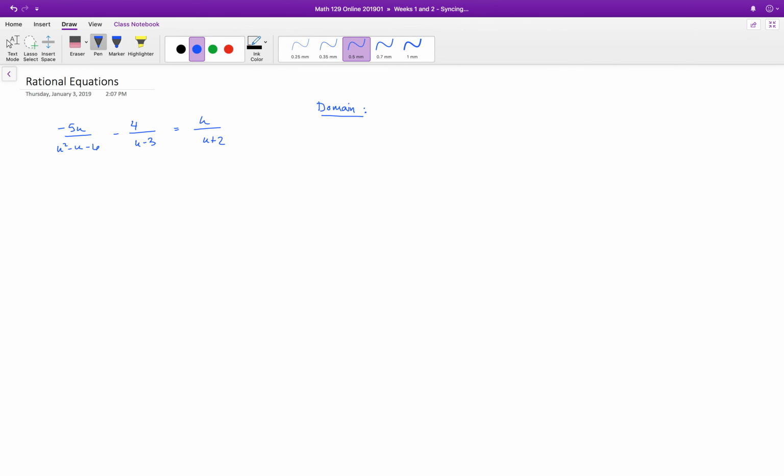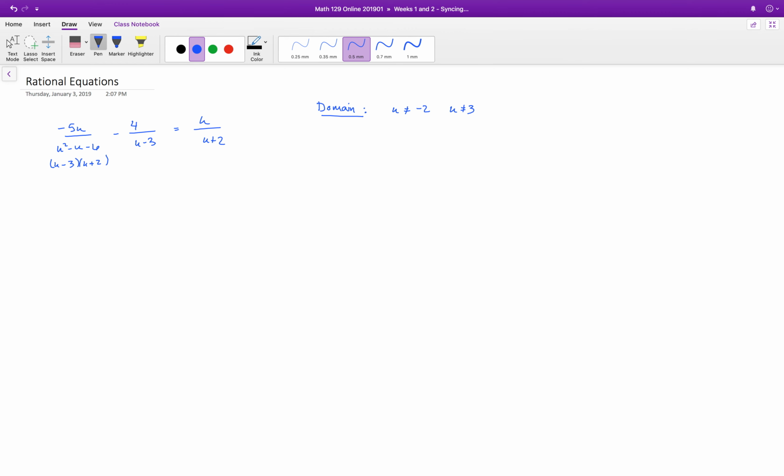For example, u can never be negative 2 because I would be dividing by 0 in this fraction. u can't be positive 3 because I would be dividing by 0 with this fraction. And if I think about what this would be factored, we would have u minus 3 and u plus 2. Again, we have to exclude those values, negative 2 and 3.